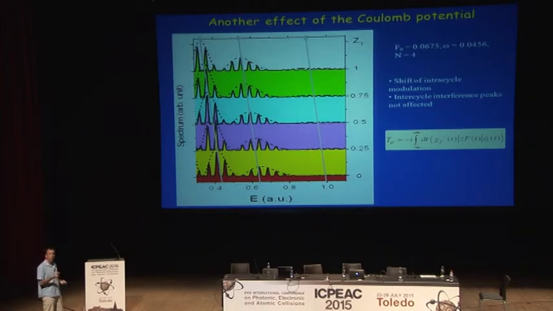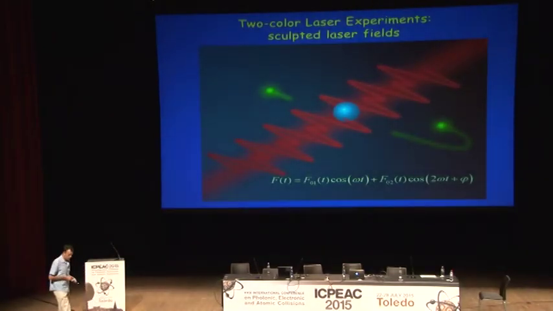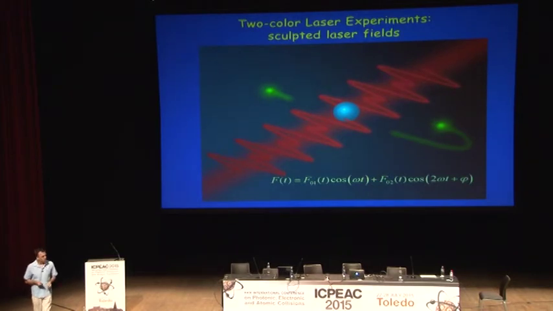And this envelope corresponds to the intracycle interference pattern. On the other hand, we observe that the position of the intercycle or ATI peaks are the same. They are completely unaltered.